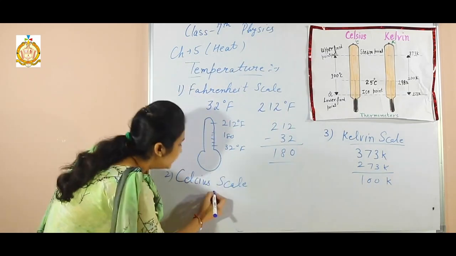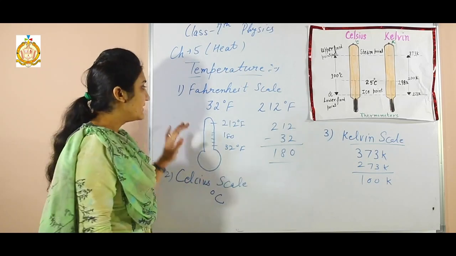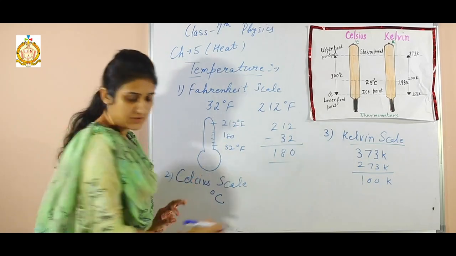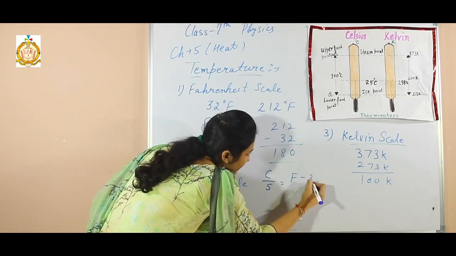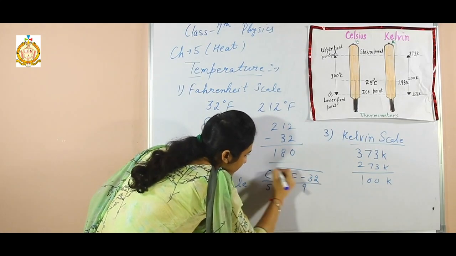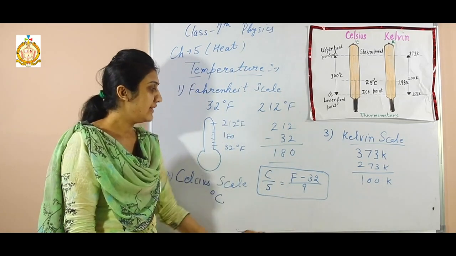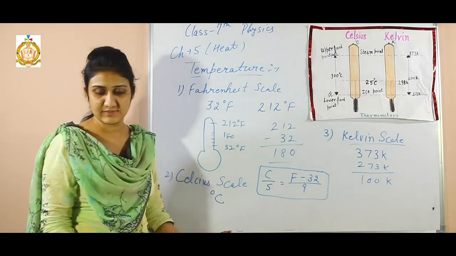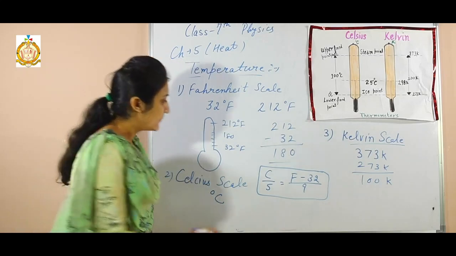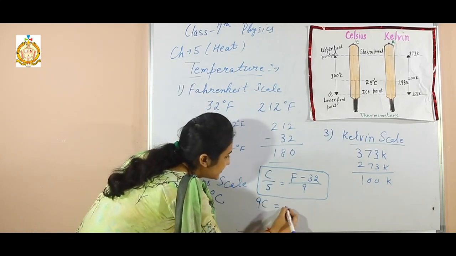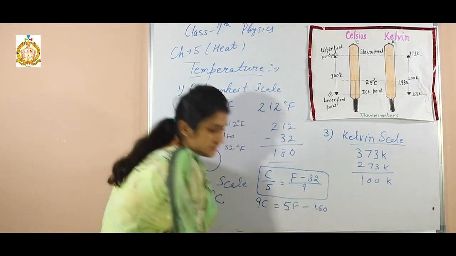In Celsius we write degree Celsius. And if we want to convert the Celsius into Fahrenheit, we use the relation C upon 5 equals to F minus 32 upon 9. So you have to learn this relation if you want to convert Celsius into Fahrenheit or Fahrenheit into Celsius. And you can also cross multiply the terms. 9C equals to 5F minus 160.